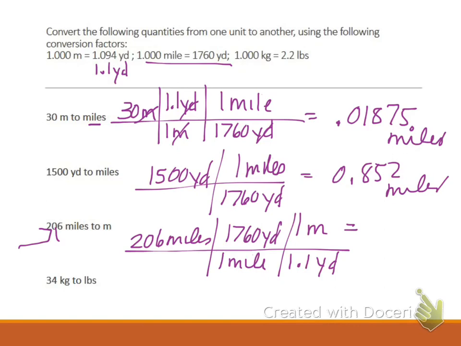Someone give me their number. Yes, Raquel. 31,836.363. I got a different number. Yeah, I got 329,600. Did you use the 1.1 yard or did you use 1.09?